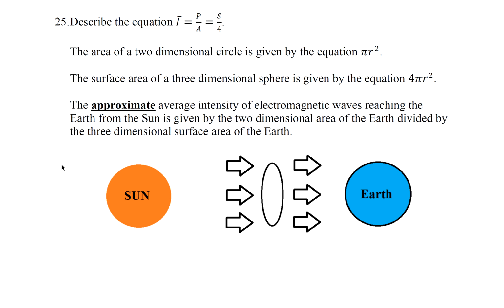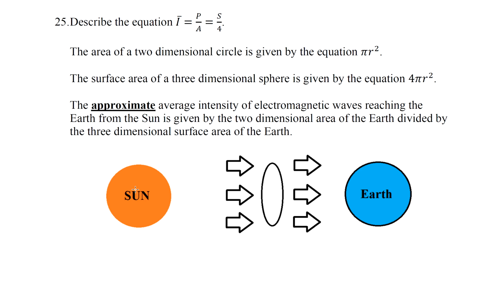The approximate average intensity of electromagnetic waves reaching the Earth from the sun is given by the two-dimensional area of the Earth divided by the three-dimensional surface area of the Earth.